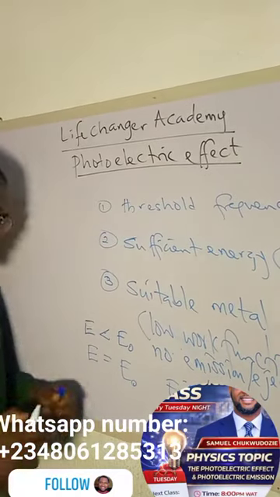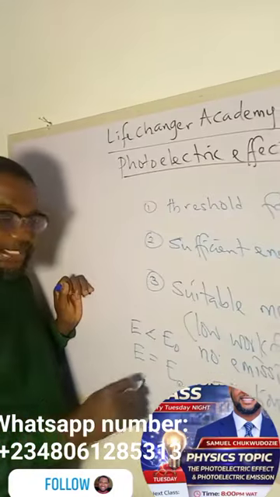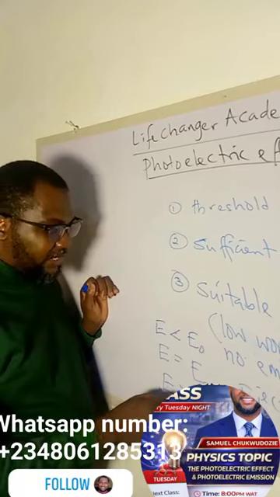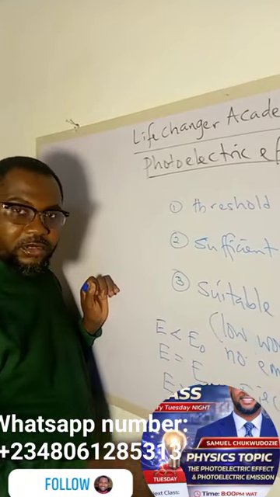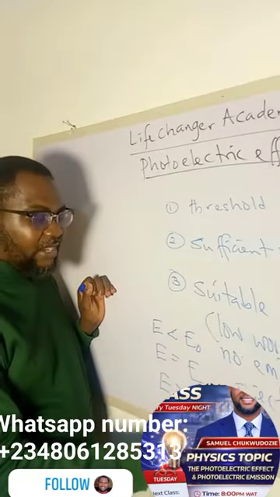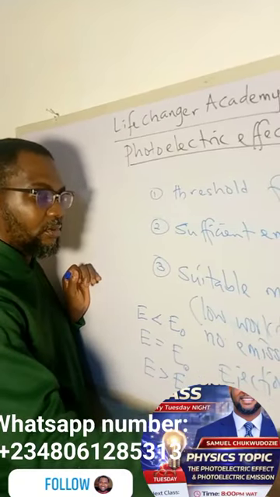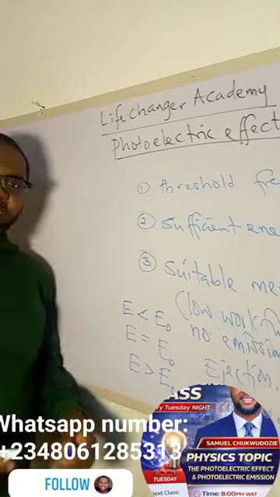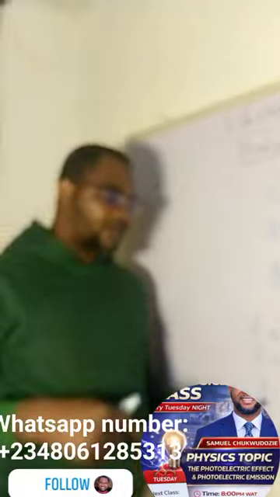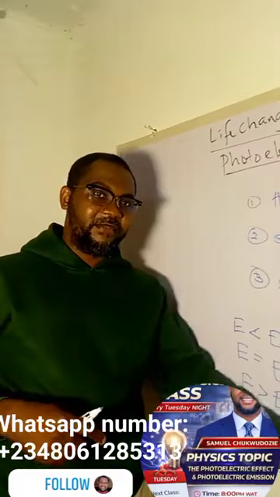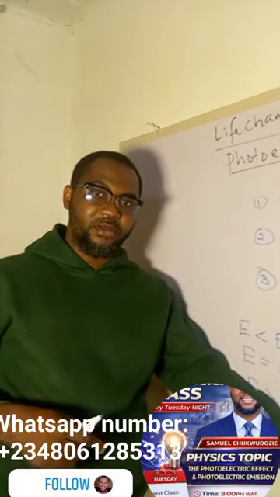But if the energy of the incident light is greater than the work function, this is where we now have electron emission. So when the energy of light is greater than the work function, that is when we have electron emission.